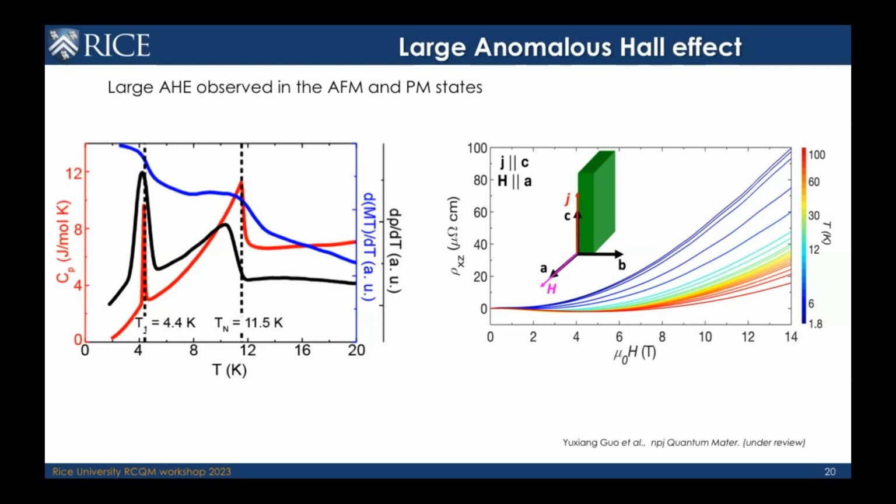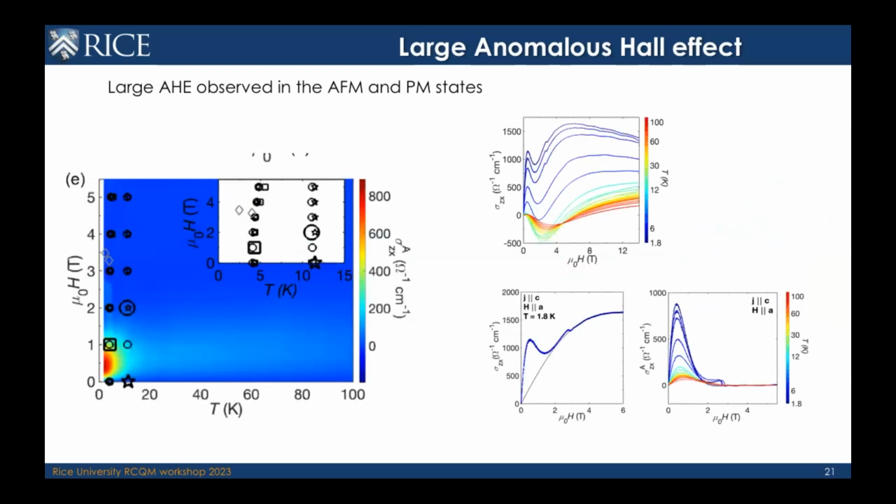Here are our measurements of the Hall data, showing large Hall in a temperature ranging from 1.8 all the way up to 100 Kelvin. And notice that the magnetic order happens below 11.5 Kelvin. And so the large Hall resistivity extends well beyond that.